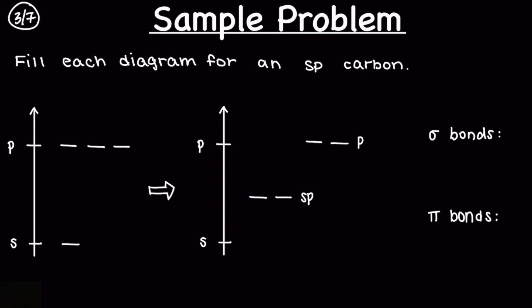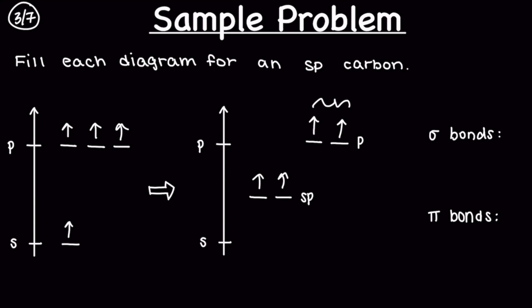Okay, this one is asking us to fill the diagram for an sp carbon. And when we have sp, that means that we're going to have a triple bond or 3 total bonds, one of which being sigma, the other 2 being pi bonds. 2 pi bonds means that we have 2 electrons each in these p orbitals like so. And carbon again has 4 valence electrons, so we're going to draw in our 1, 2, 3, 4, and then our 1, 2 here.